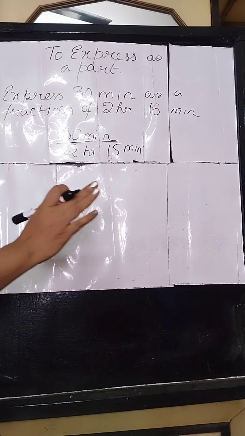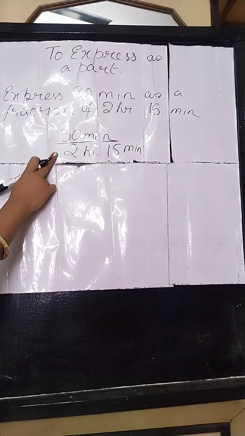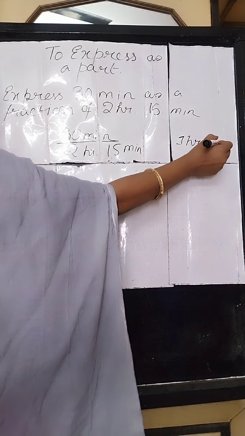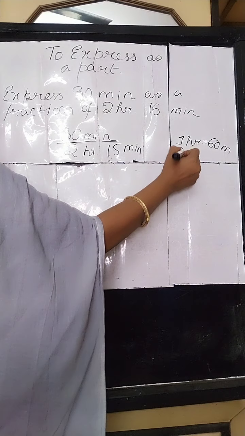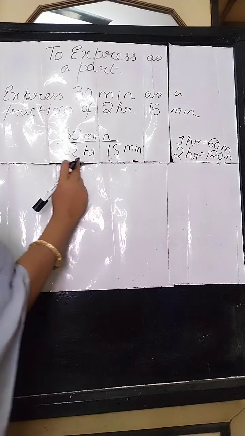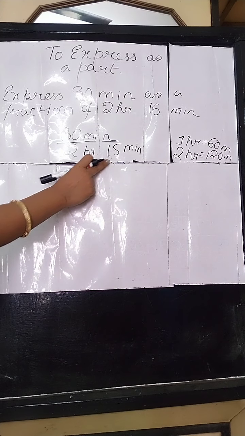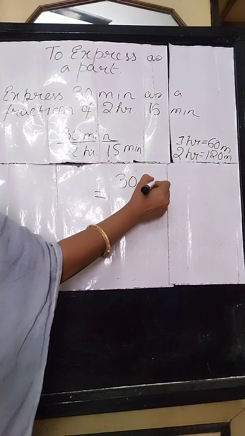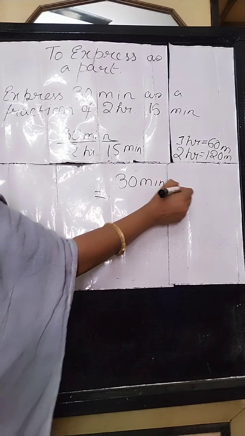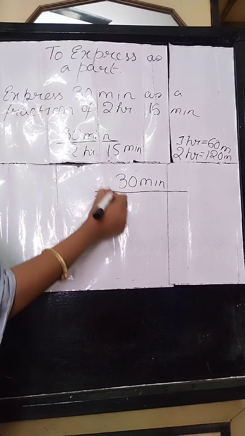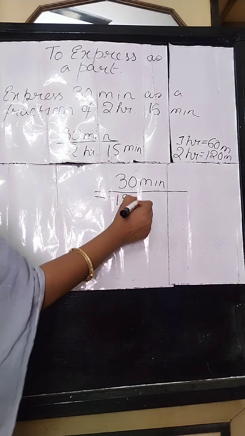It is easier for you to convert the denominator. 2 hour means you know that 1 hour is equal to 60 minutes. Therefore, 2 hour is equal to 120 minutes. So, 120 minutes plus 15 minutes.